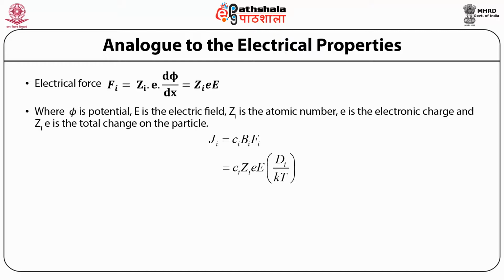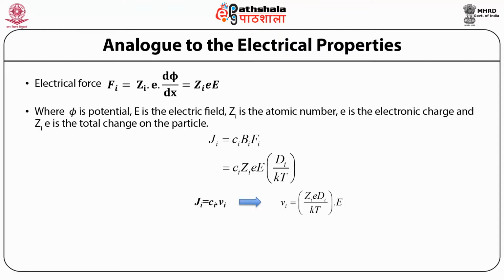Now since Ji = Ci Vi, the velocity can be written as Vi = Zi e Di/kT times E, where E is the electric field.